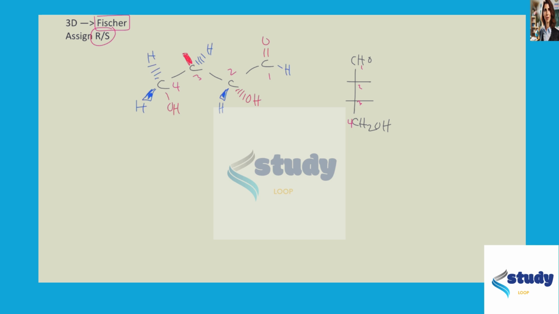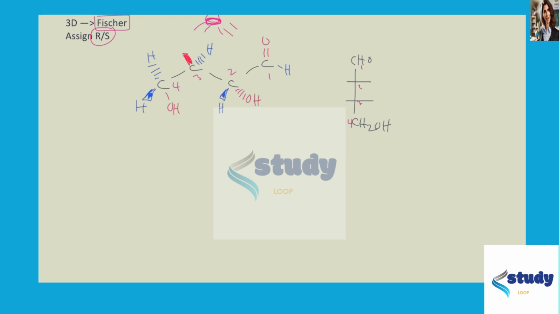Looking at carbon 2, I want to look at it from the top. I'm not an artist, so imagine this is an eye and you're looking this way. I apologize for the artistry, but we're looking down from the top.